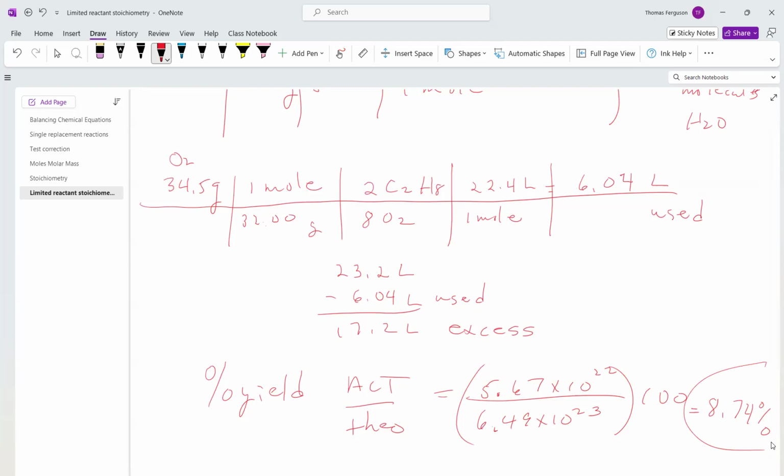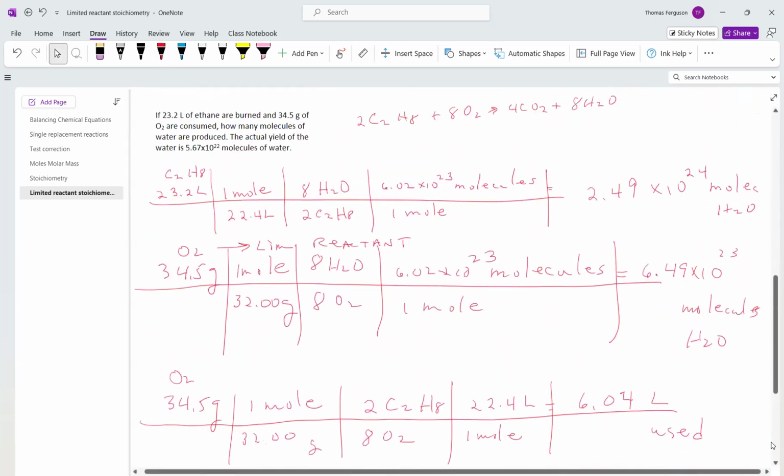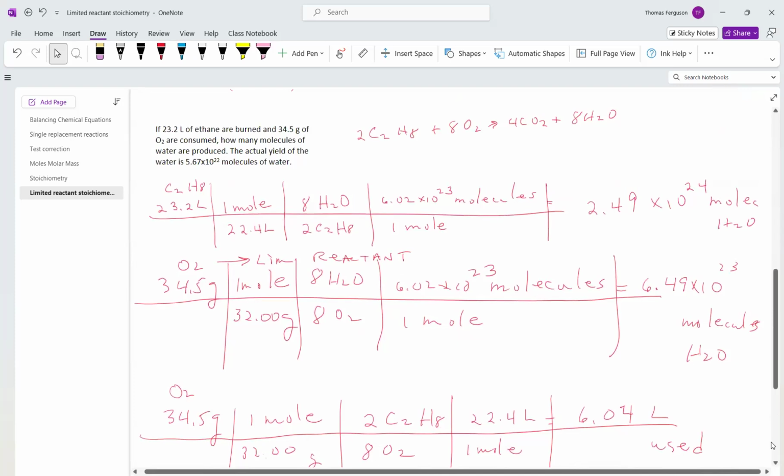Okay. Now, if you break this problem down into steps, it's not too bad. That's theoretical.